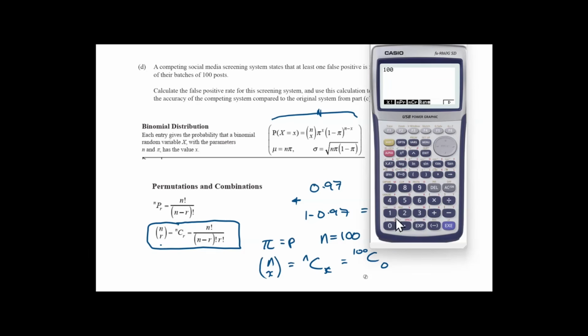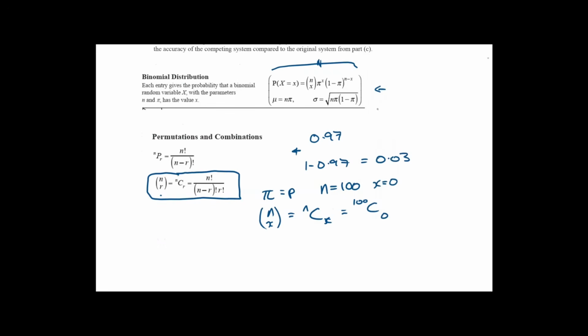So 100 choose 0 is 1. So using this from up here, n, it's going to be 1. So 1 times the probability to the power of 0 is 1 times 1, which is 1. So effectively, this sort of cancels. It just gives us 1.